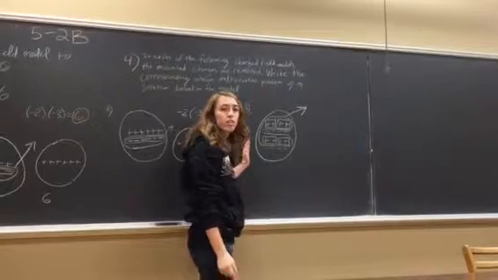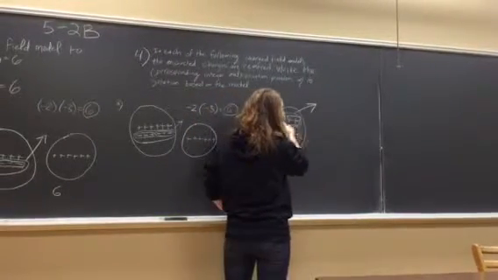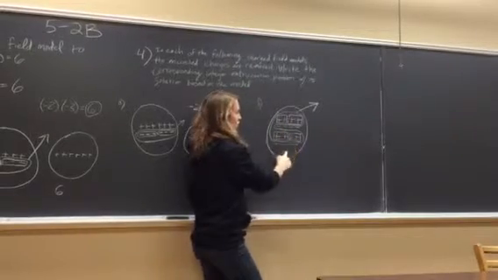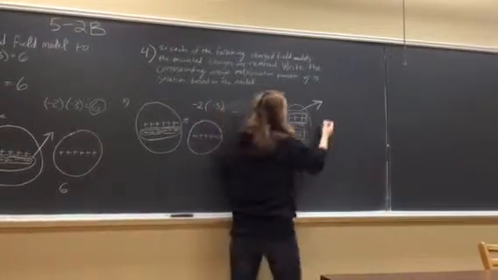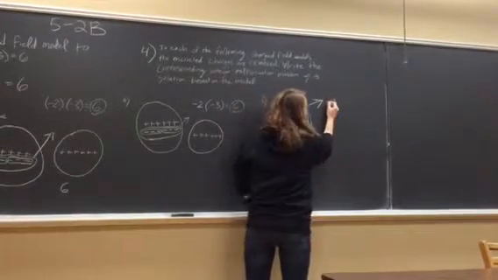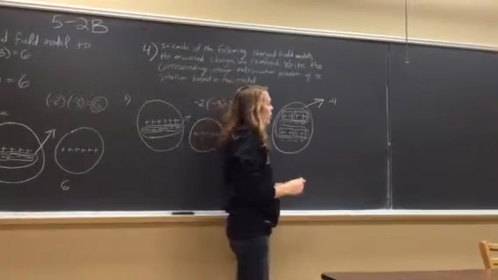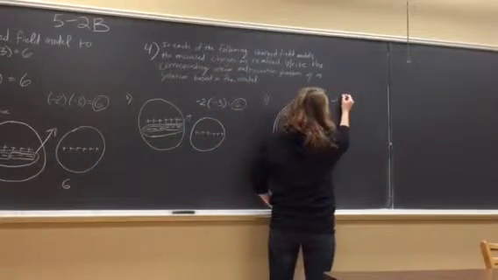So once again, we're going to start off with what we take away. So we have, let's see, 1, 2, 3, 4 groups. So 4 groups are being taken away. So we put a 4, and we know that they're being taken away, so we put a subtraction sign because they're being removed. Not added, but removed.